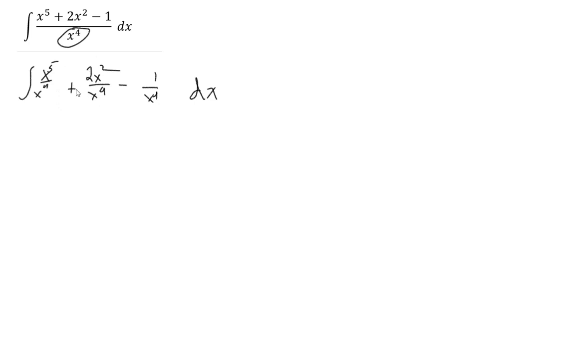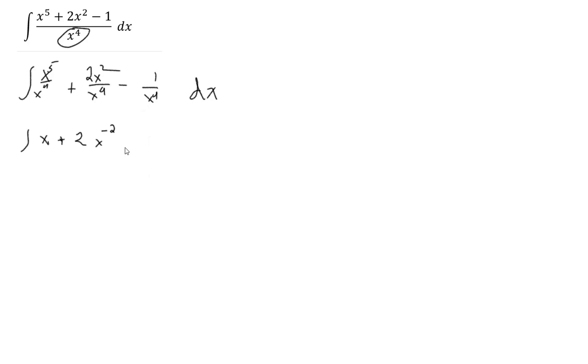And then usually with these types of problems, you can always reduce this. So x^5 over x^4, when you divide exponents, you just subtract them. And so x^5 minus x^4 is x. Here, x squared minus x to the fourth, well, it's going to give you a negative 2.